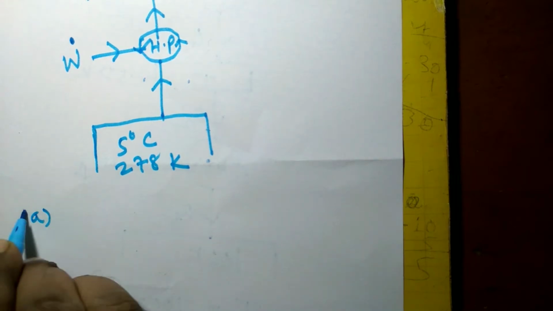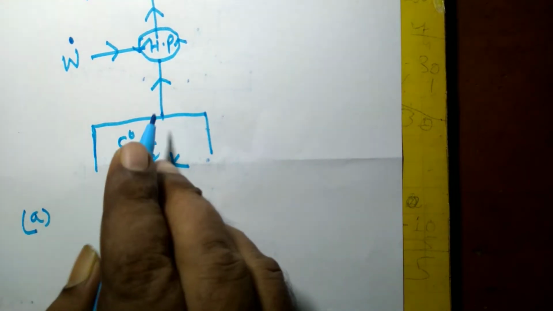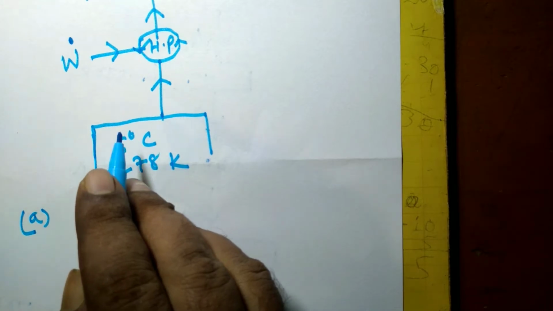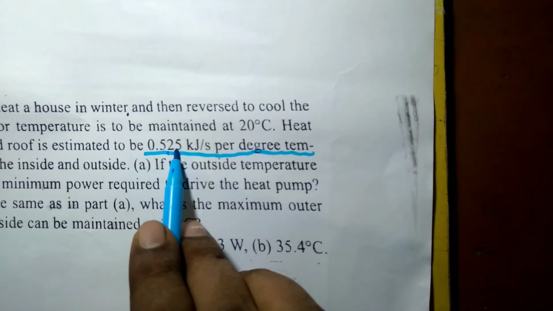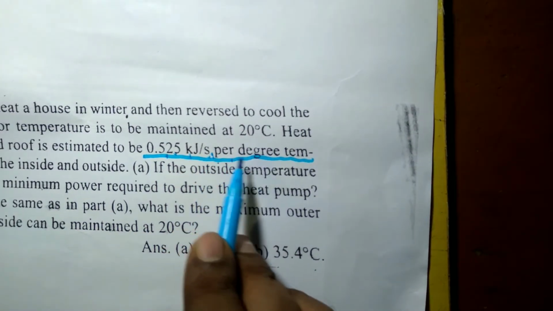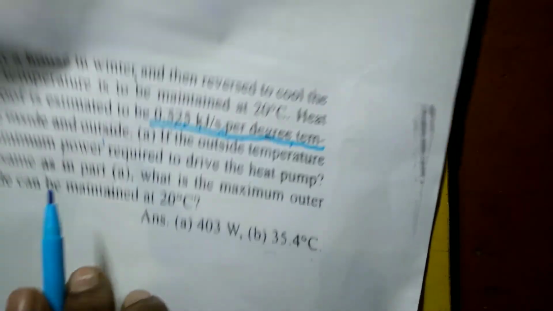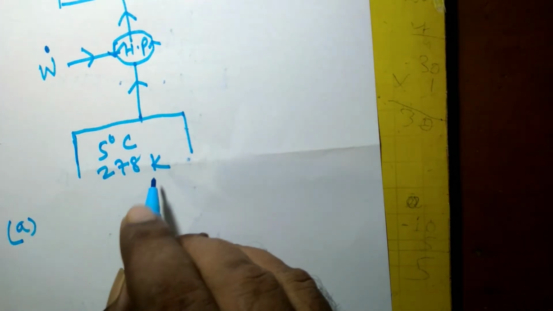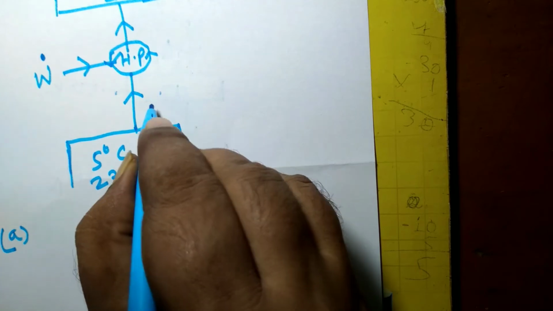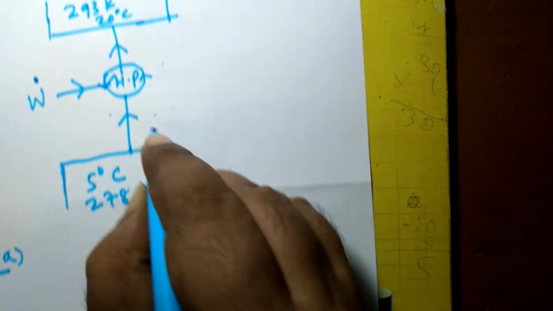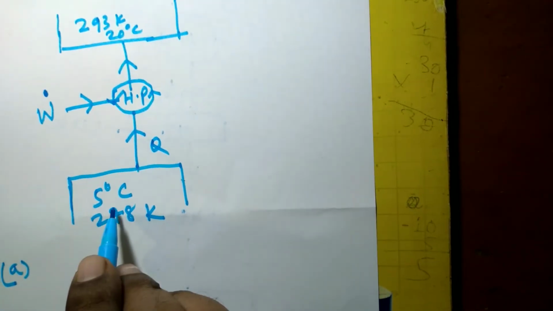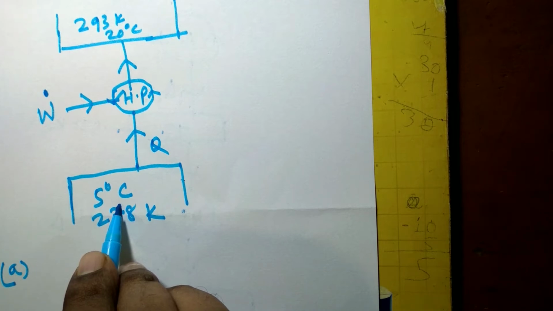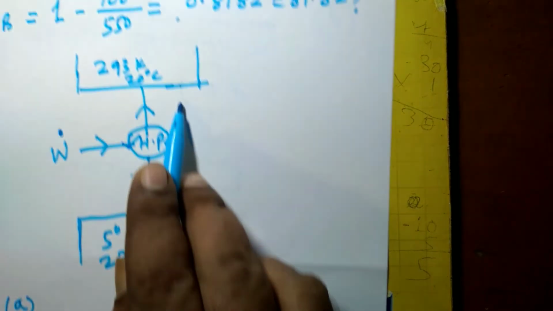So here the estimated heat loss is given as 0.525 kilojoule per second per degree temperature difference between inside and outside. Here the surrounding is at temperature 5 degrees Celsius, and room temperature is 20 degrees Celsius.